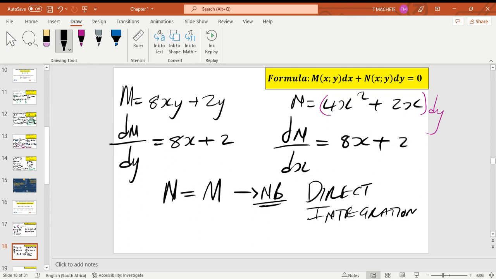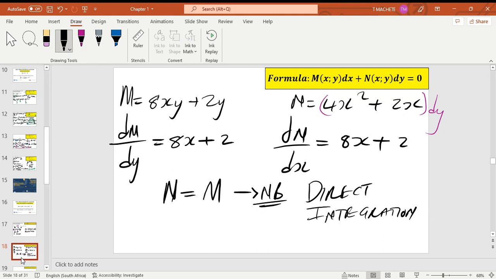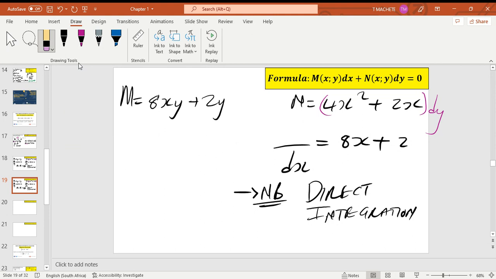So when I say direct integration, guys, I mean that you go back to the original equation, your m and n from the original equation.